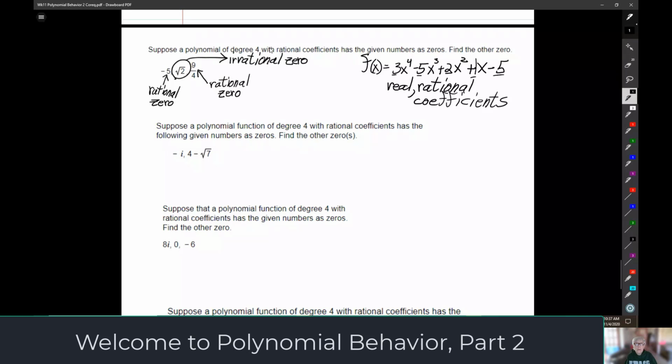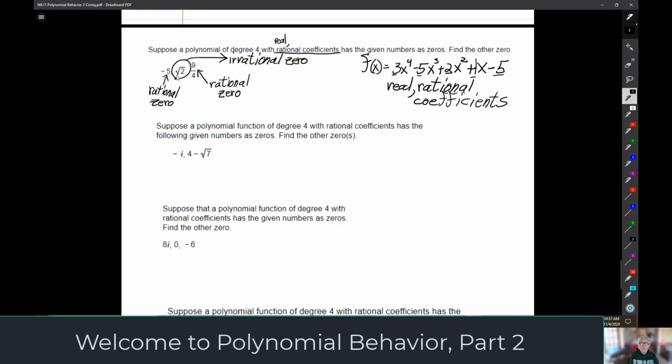When you know that your polynomial is going to have rational coefficients, which are real, they have to be real, otherwise rational doesn't matter. So read real and rational as normal kinds of numbers that you're used to.